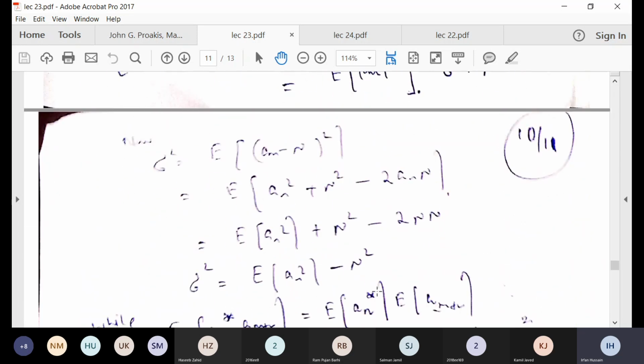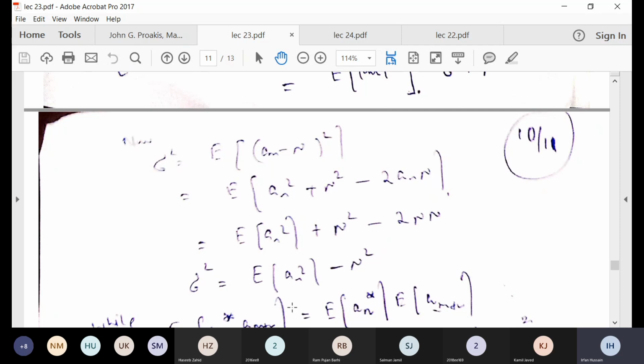For |an| squared you can use this very important principle: sigma squared, or the variance, is equal to the expectation of the signal minus its mean, squared. I open the bracket, a squared plus b squared minus 2ab, and then E of this. This is a constant, so it comes outside E. This is a deterministic function, mu squared, and again this is a constant, but an has mean mu. This becomes mu squared minus 2 mu squared, which becomes minus mu squared, and this is E of |an| squared.